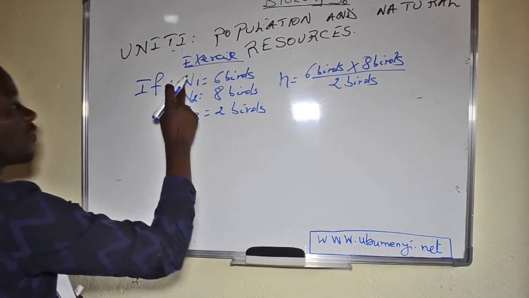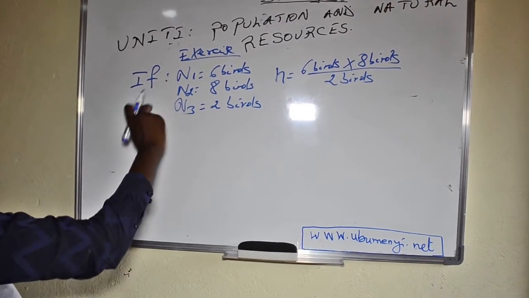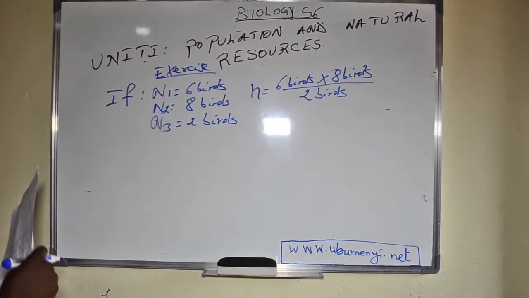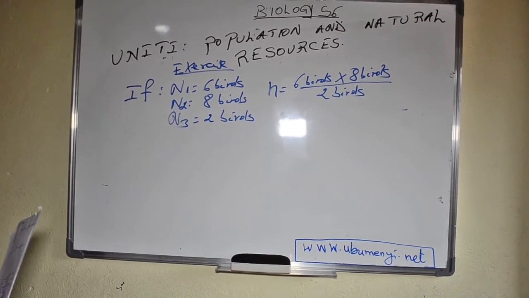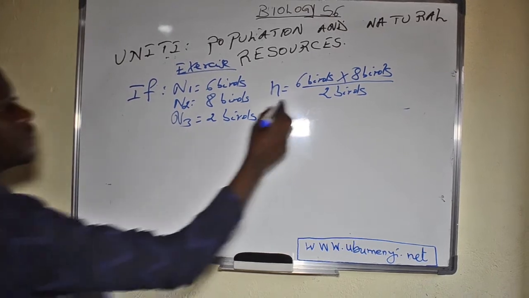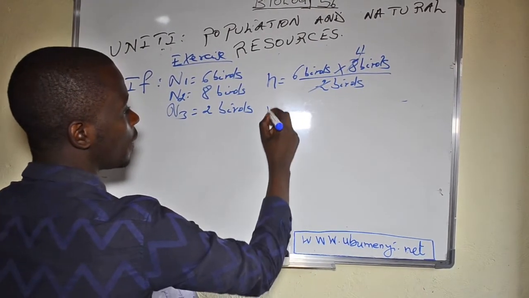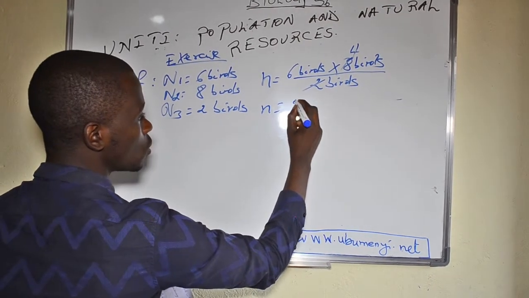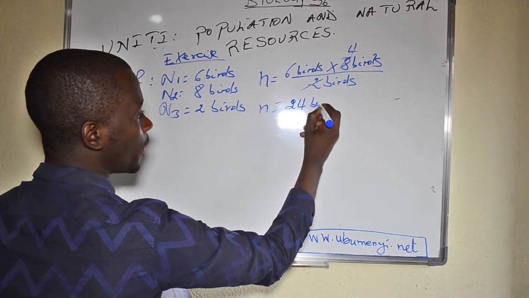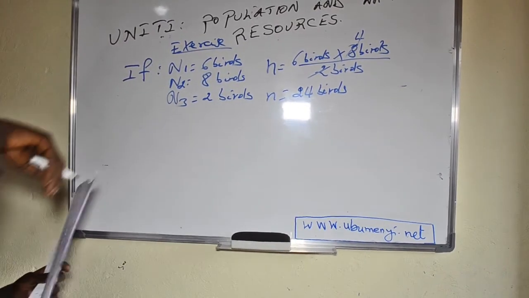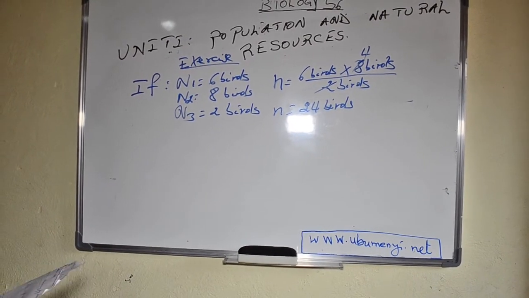You have to know what these N's stand for, because you have explained them. So we divide 56 by 2 and N equals 28 birds.